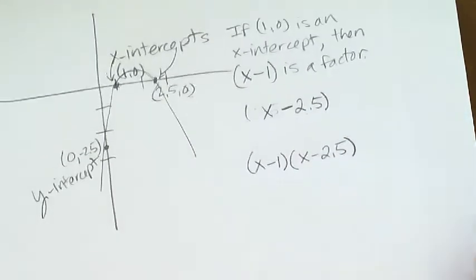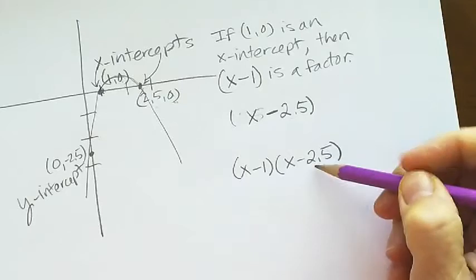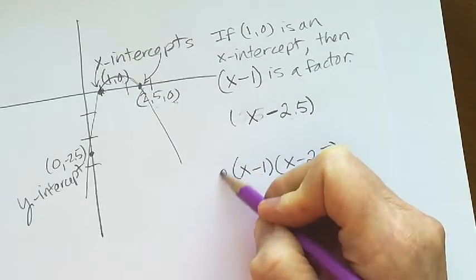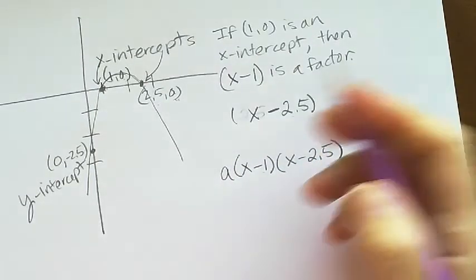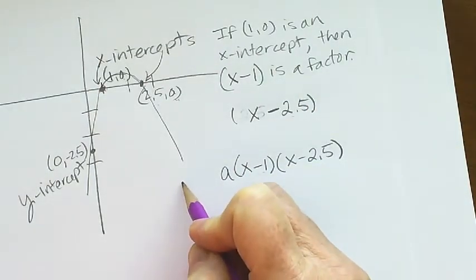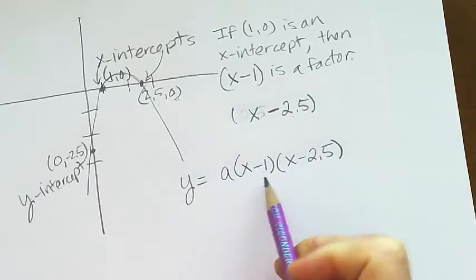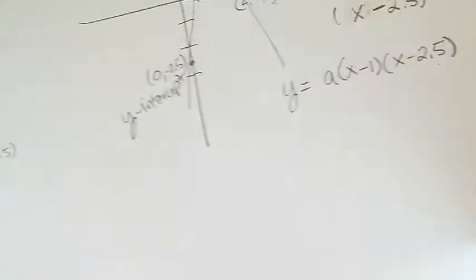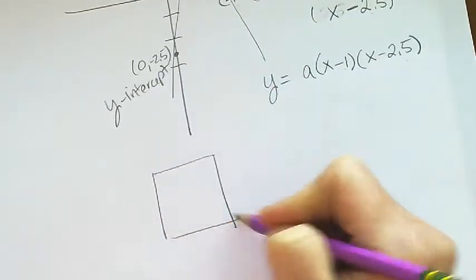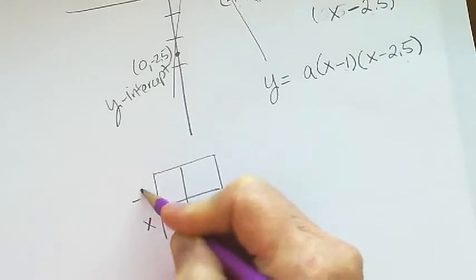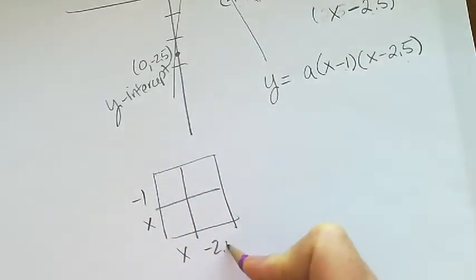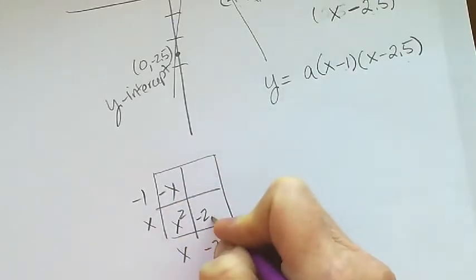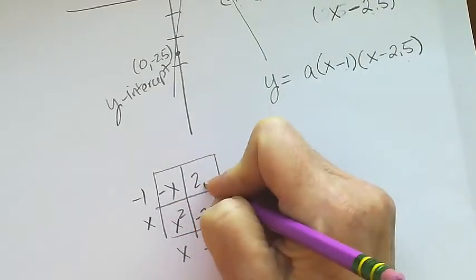Now, there is a possibility that you have more to this equation than just these two factors. And you should always account for that. You could just put a coefficient of a, and let's go ahead and multiply x minus 1 times x minus 2.5. So that's going to give me x squared minus x minus 2.5x and then positive 2.5.